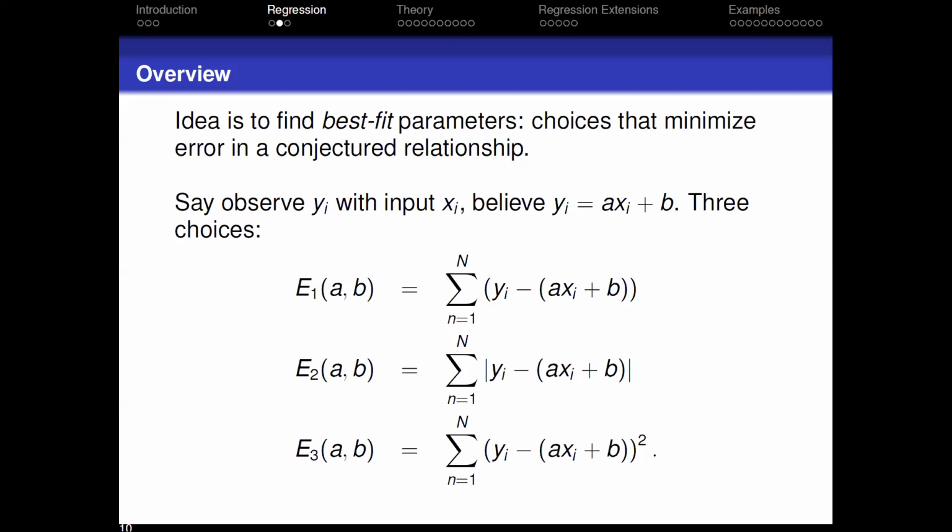Imagine you have 2 data points. One is at the bottom left and one is at the top right. What is the best fit line going through those 2 data points? Bottom left, top right. What line would I draw?